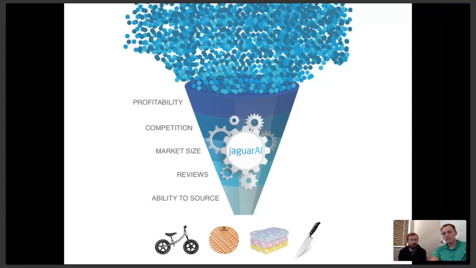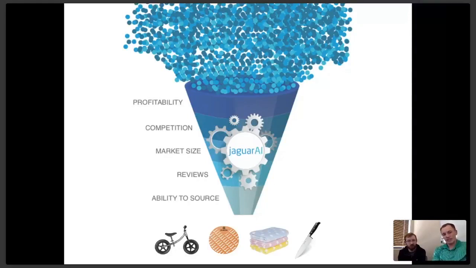And so here you can kind of see that there's, like I said, hundreds of thousands or millions of data points that this artificial intelligence is going to go look at, and it's going to throw it all into this funnel and then start filtering it down to where it will kick back opportunities, give us products that make sense, products that fit the criteria that we want and that make sense according to the algorithm with Amazon as well as Jaguar's proprietary algorithm to figure out what's the product that we want, what's the category we should be selling in.